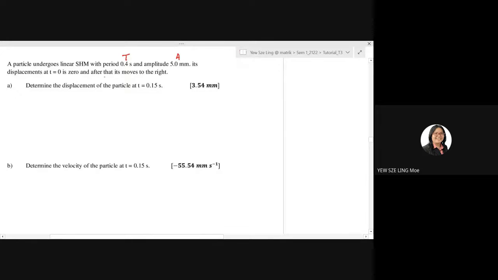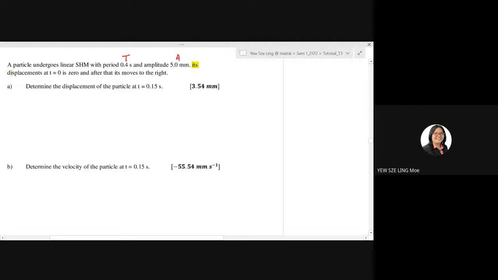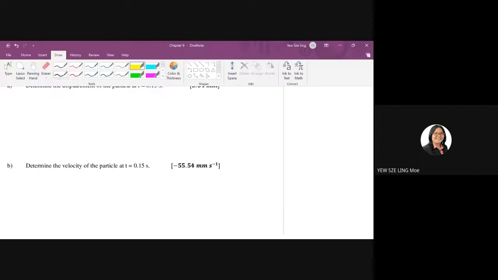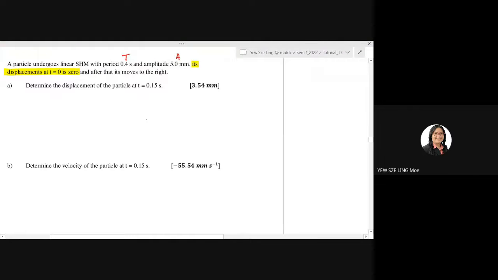So its displacement at t equals 0 is 0. Now, this statement is very important because it tells you what the initial phase angle is. So we can use it to determine the initial phase angle for our equation after this.